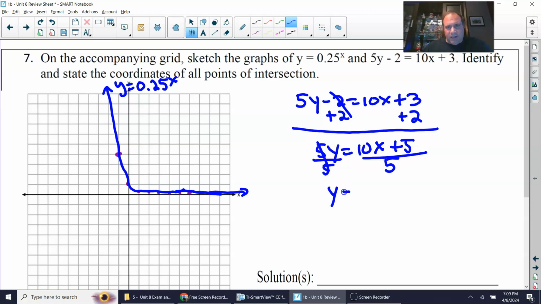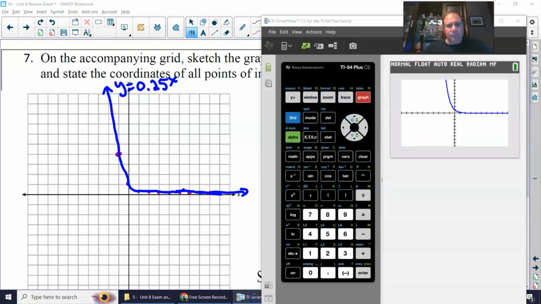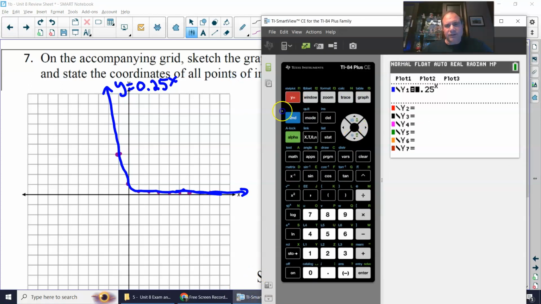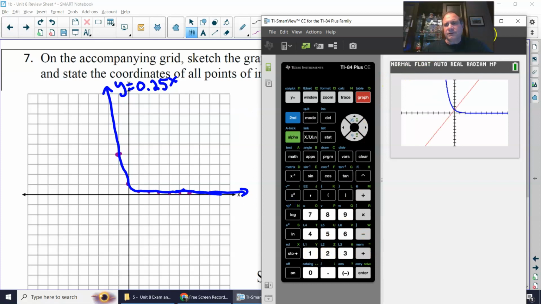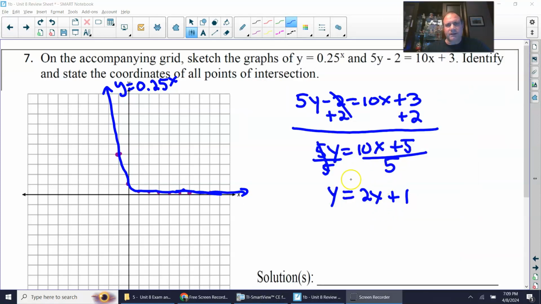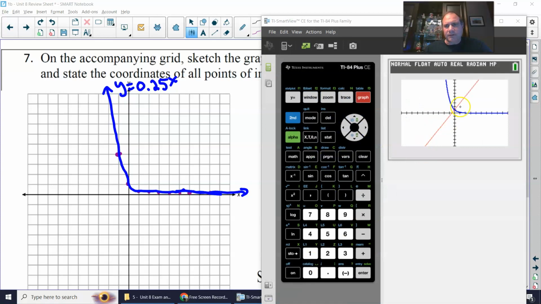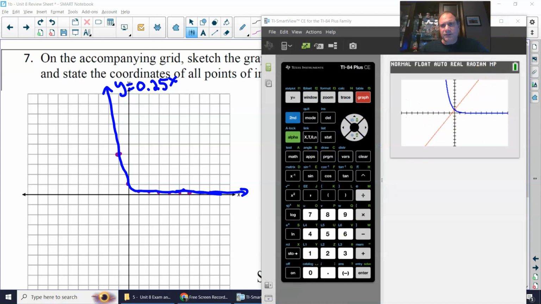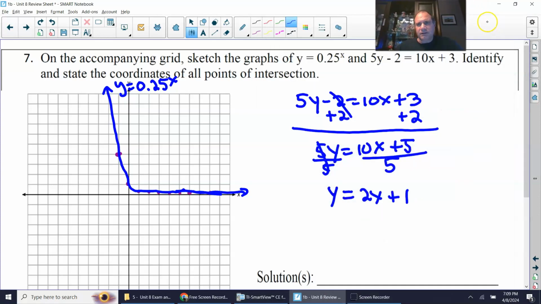This cancels, y equals, this is 10x divided by 5, that's 2x, and then 5 divided by 5 is 1. So we're just going to graph y2 equals 2x plus 1, and let's make sure this is 2x plus 1. It goes through 1 right there, and so we're just going to go ahead and graph that.